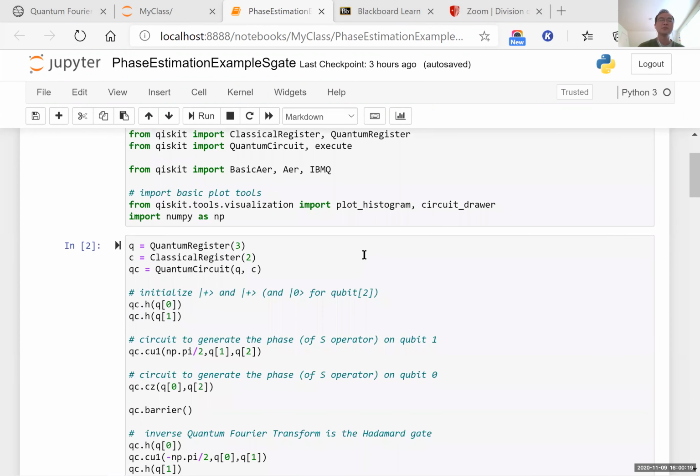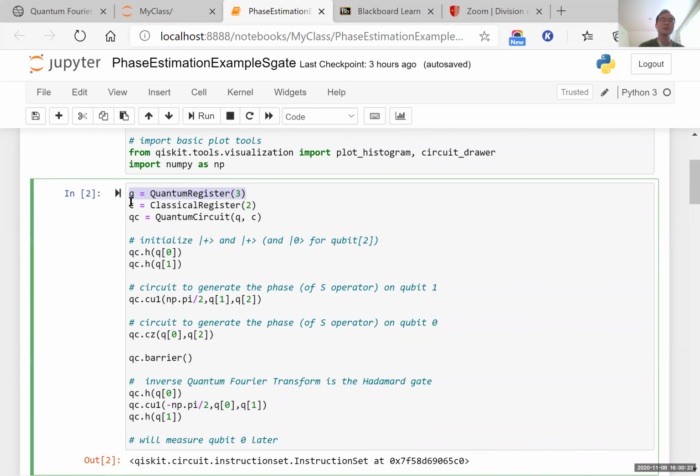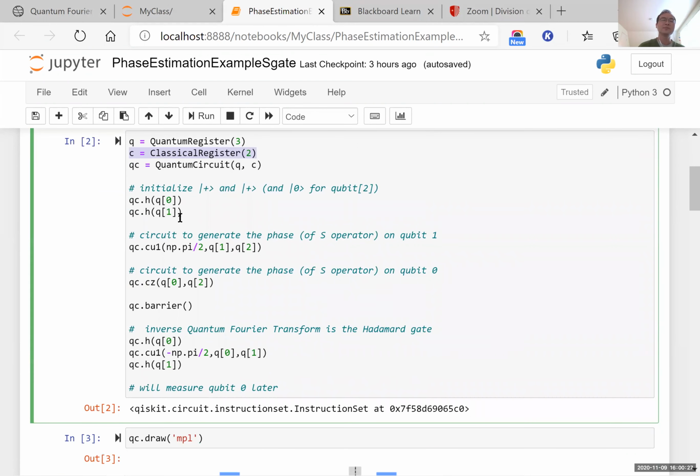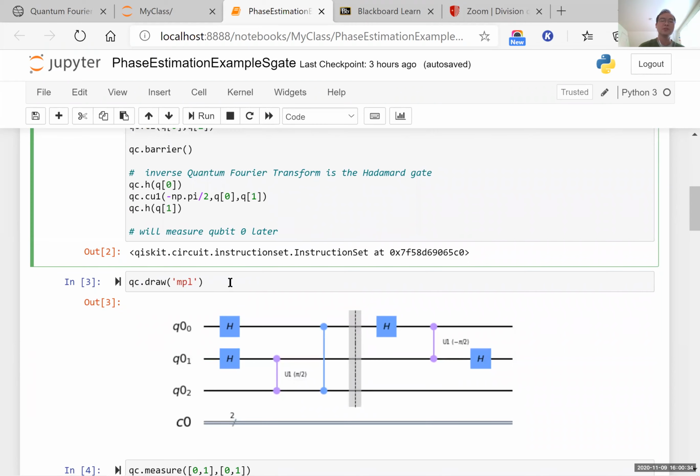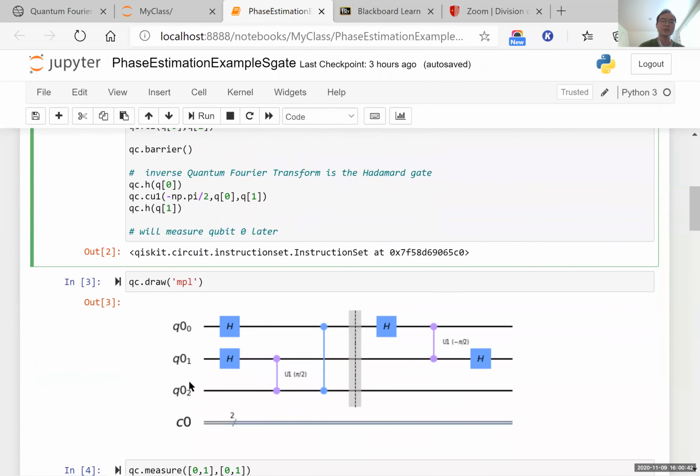Okay, so here I define a 3-qubit quantum register and 2 classical bits. I'm preparing plus for qubits 0 and 1. If I don't do anything, the last qubit is also prepared in 0, so it's picking the eigenstate that has phase 0.